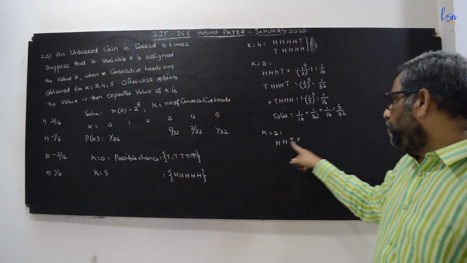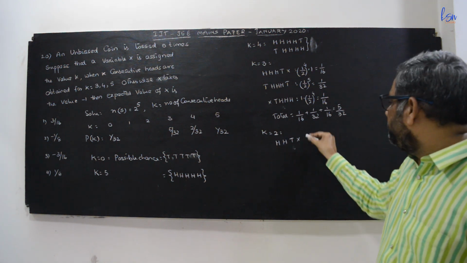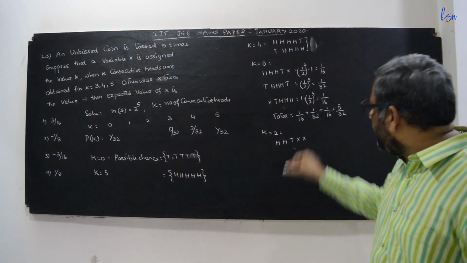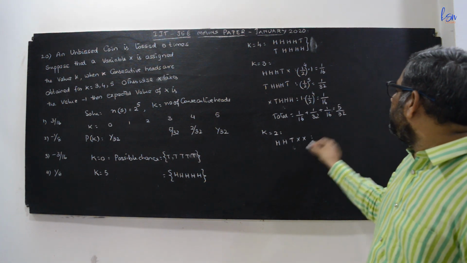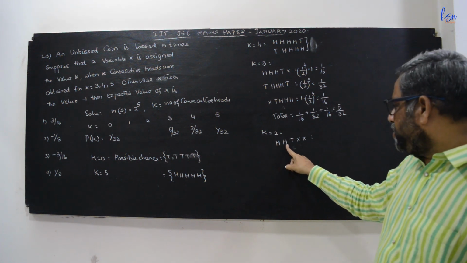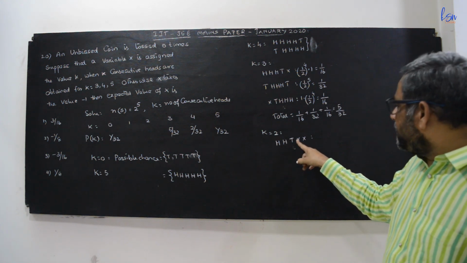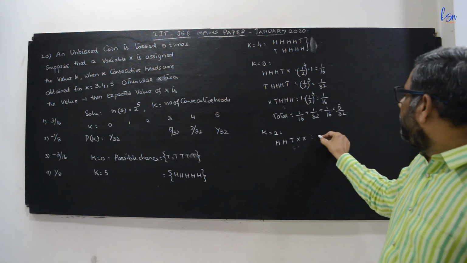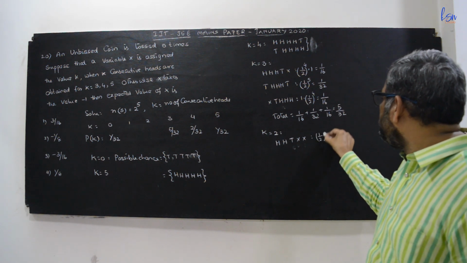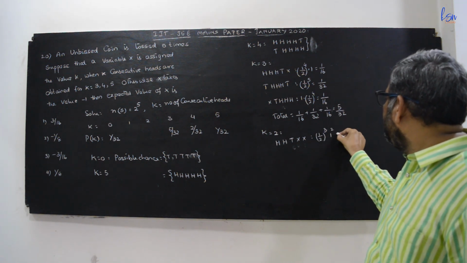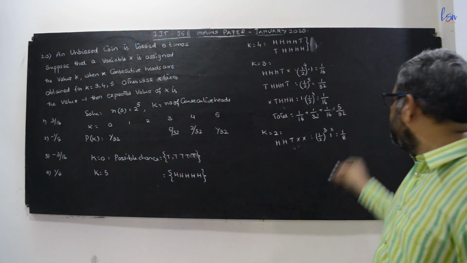So here 1 by 2, 1 by 2, 1 by 2, and the last two can be tail or head, each with probability 1. So 1 by 2 whole cube into 1 square is equal to 1 by 8.